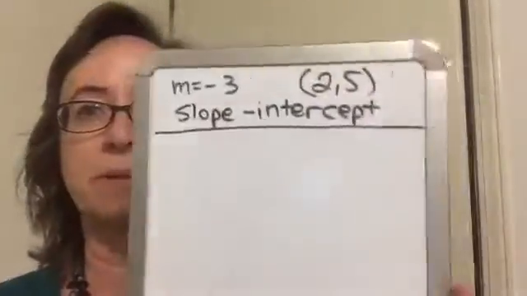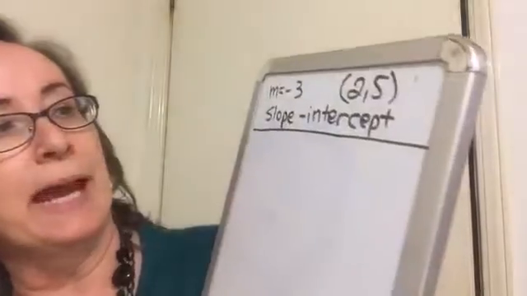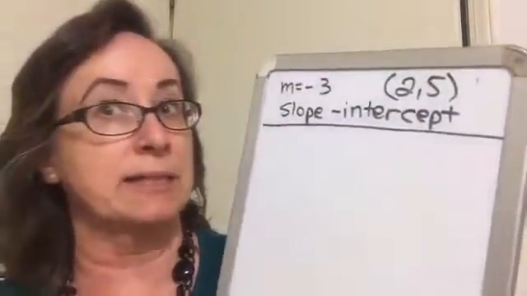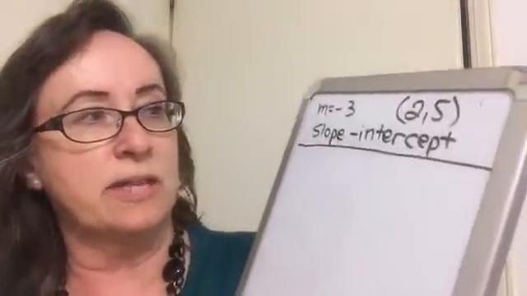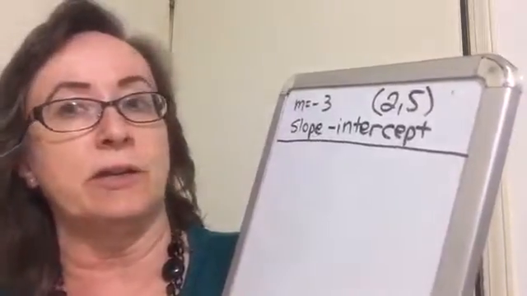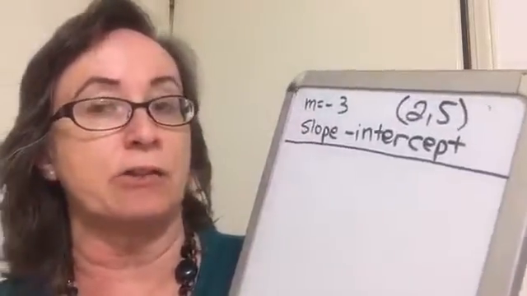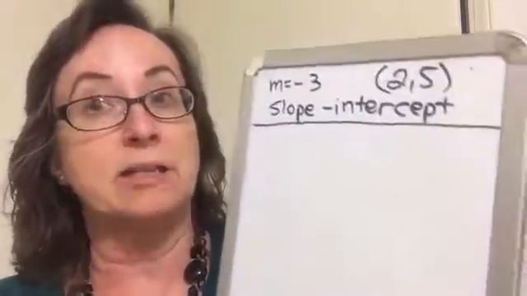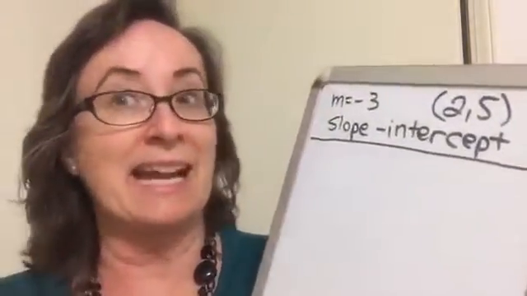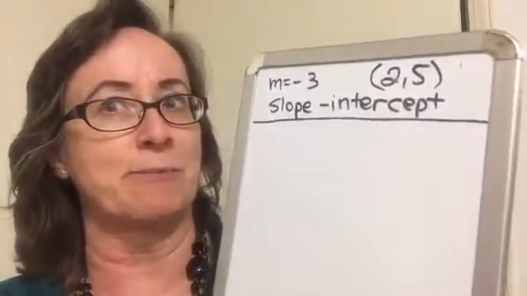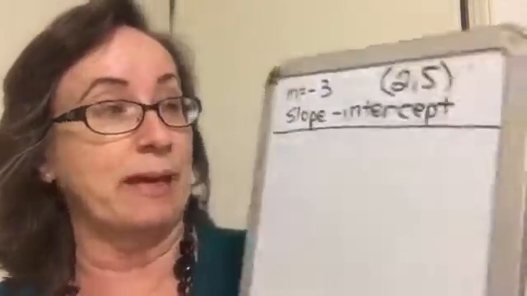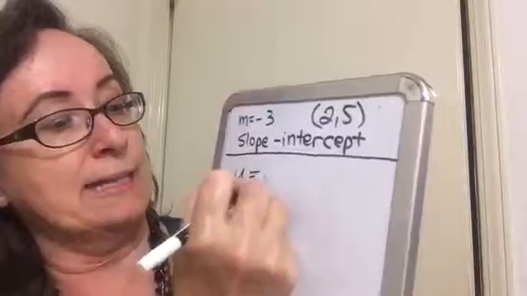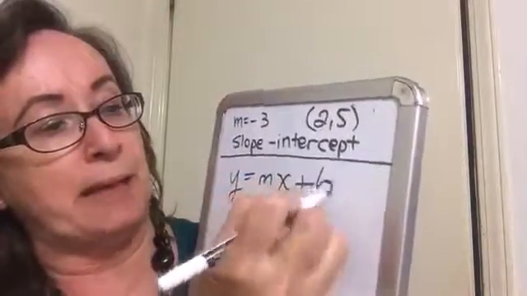So our next problem is going to involve a slope and a point, and we're going to leave it in slope-intercept form. So we could use either method. Again, I could use my point-slope method, or I could use my slope-intercept method. Since I have to leave it in slope-intercept form, I'm going to do it that way. So y is mx plus b.